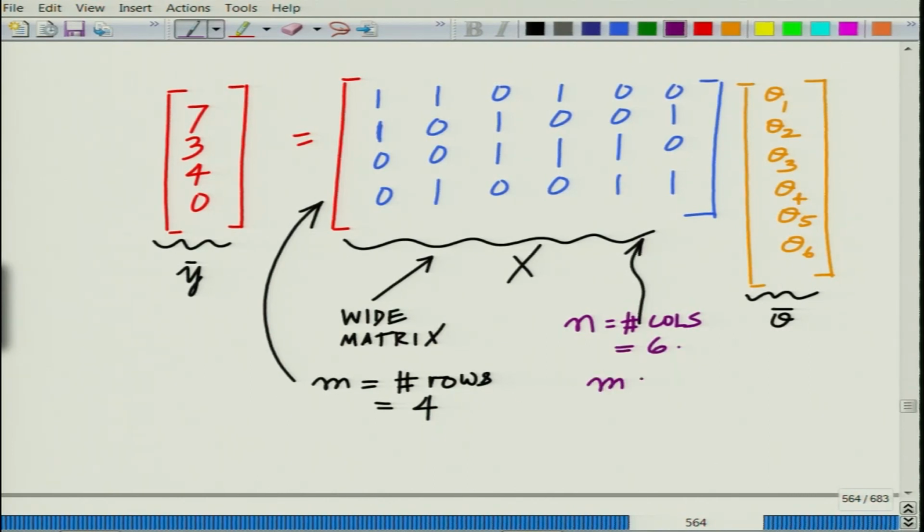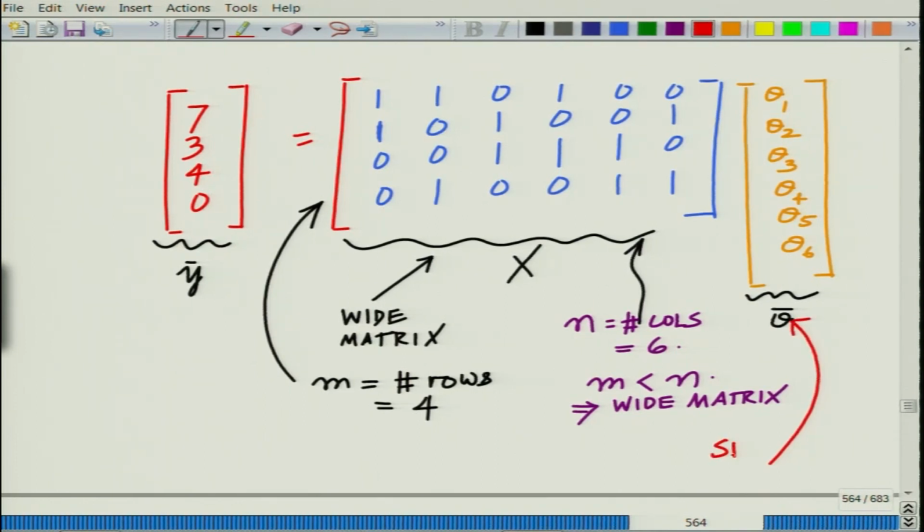So, we have m less than n. So, this becomes a wide matrix, because the number of measurements is less than the number of unknowns.